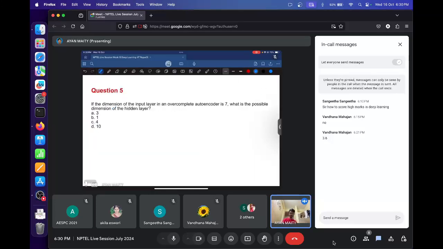Now question 5. If the dimension of the input layer in an overcomplete autoencoder is 7, what is the possible dimension of the hidden layer for that autoencoder? There are 4 options: 3, 1, 4, 10.